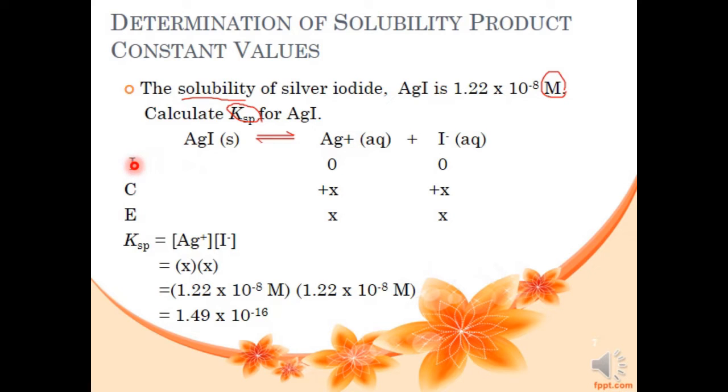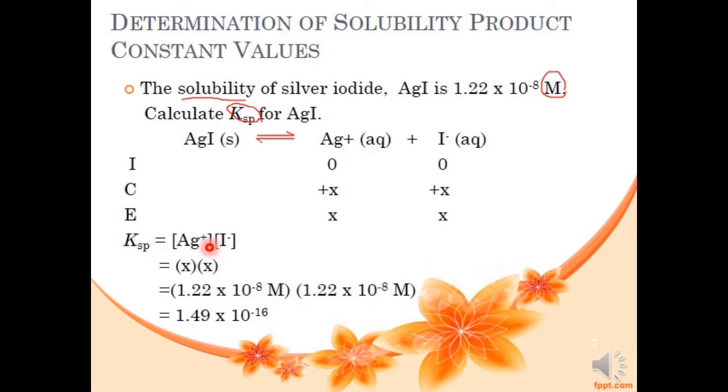Initially, no ions have dissociated yet, so 0, 0. Change will occur where these will be formed, so plus x. At equilibrium, we have 0 plus x, equivalent to x, for both. So substitute this into the Ksp expression. The Ksp expression is the concentration of silver times the concentration of iodide.